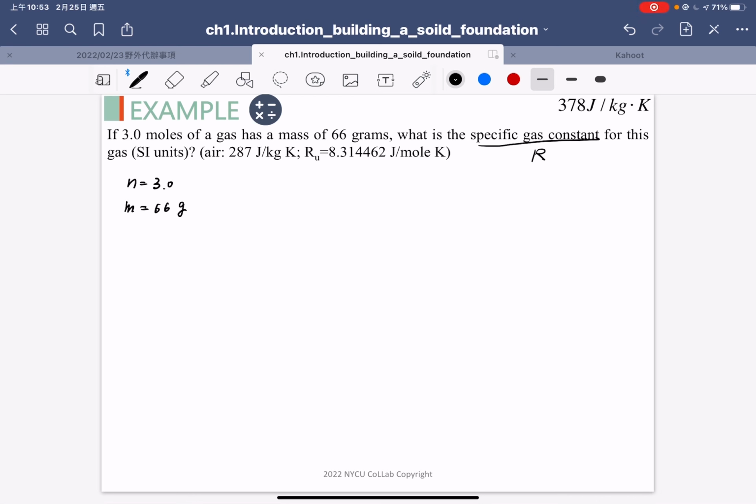As I mentioned, the specific gas constant is equal to the universal constant divided by the molar mass, right? And the molar mass is equal to the mass divided by N. So 66 grams divided by 3 moles.